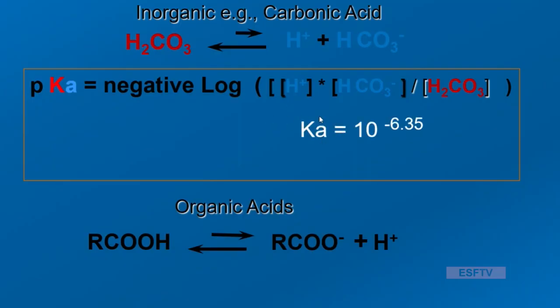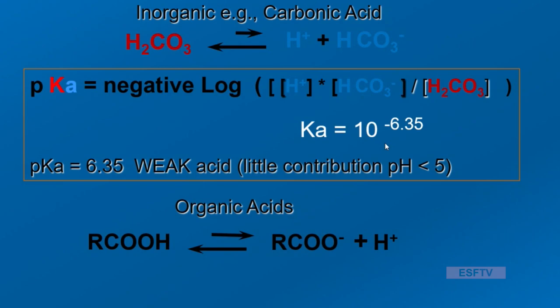The Ka for carbonic acid, a measure of its strength, is 10 to the minus 6.35. What's the pKa? What's the negative log of that? 6.35. So this is a weak acid. When you get pKa's with little contribution below 5, that's weak.